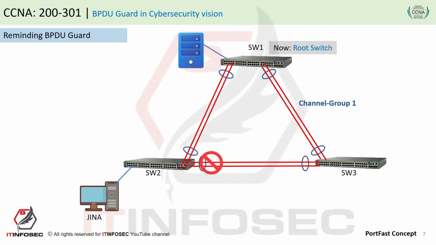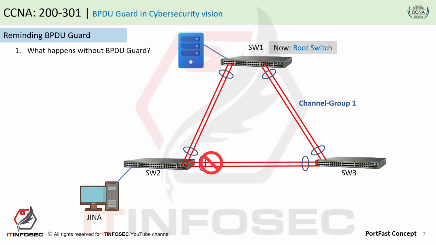And the last item in this video is BPDU Guard. The BPDU Guard feature is to prevent unwanted BPDU messages from being sent by potential hackers who have gained access to the network, which I explained how to configure in previous videos. Now let's see what happens if such a scenario happens and BPDU Guard is not configured.